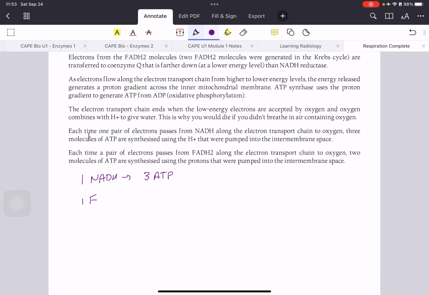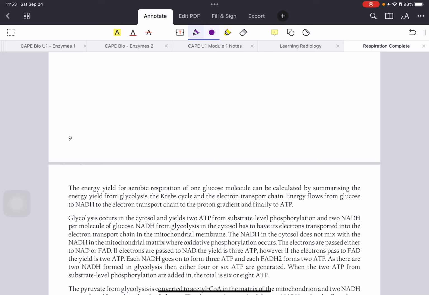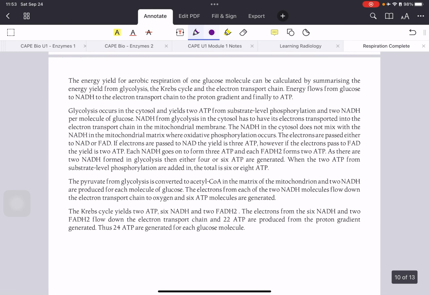One FADH2 molecule gives off 2 ATP molecules, okay? So just keep that in mind as to when they have to go through the electron transport chain. So knowing this now, we can actually calculate how much ATP is actually made in respiration per glucose molecule, okay? So this is called the energy yield for aerobic respiration, okay?